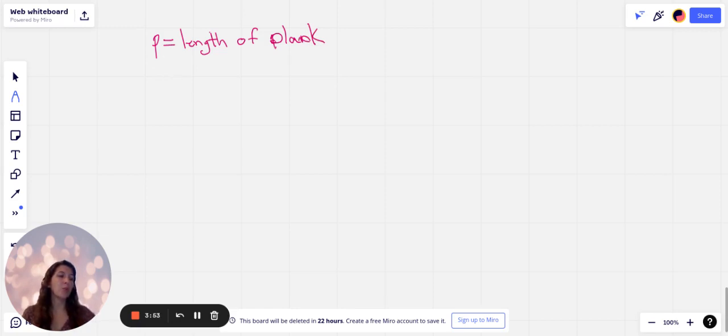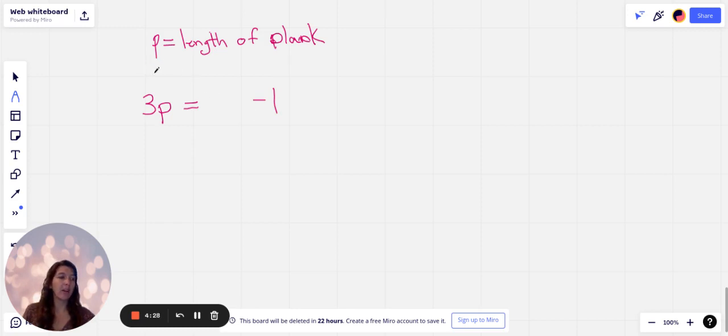But here we see that Jules found that 3 planks. So if P is the length of 1 plank, then 3P is the length of 3 planks. So 3 planks were, or is, right? Is in math is equals, or were 1 foot short. So if I'm 1 foot short, I'm minusing a 1. Okay, 1 foot short of the porch length.